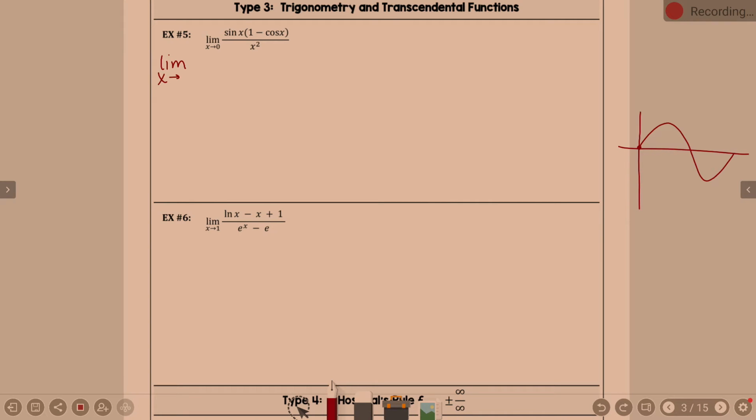And the fact that the limit of x approaching 0 of sine x over x times the limit as x approaches 0 of 1 minus cosine x over x. Those limits ring a bell at least?